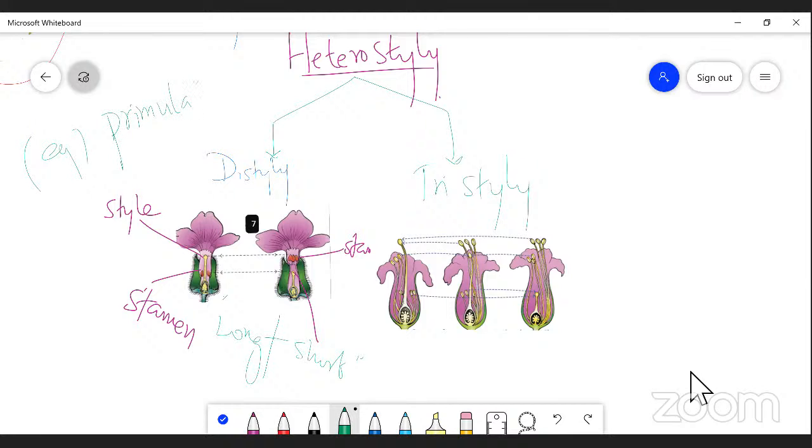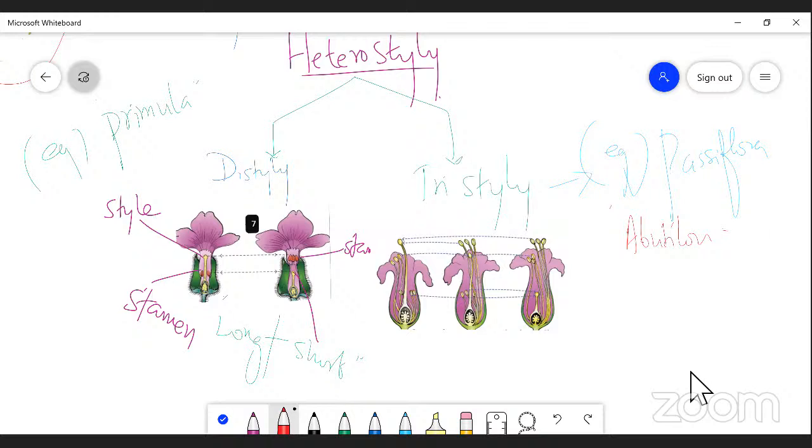And one more, tristyly. For that I can say Passiflora, or Abutilon. One more category I can say, the Abutilon plant, in which you can see this type.